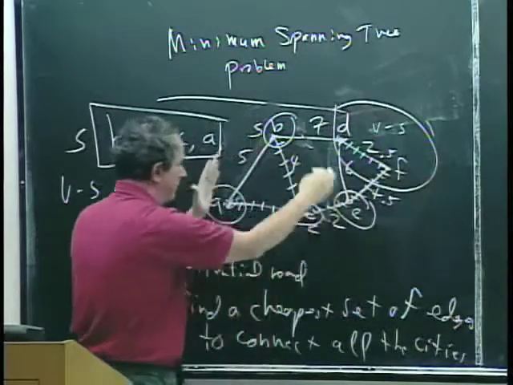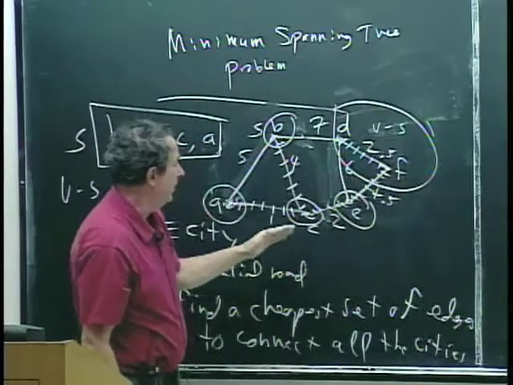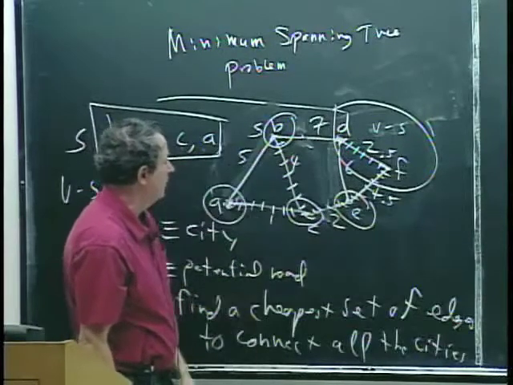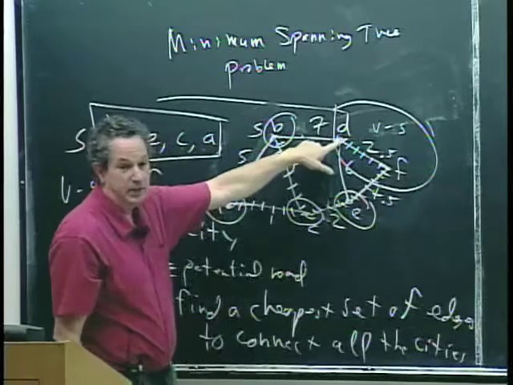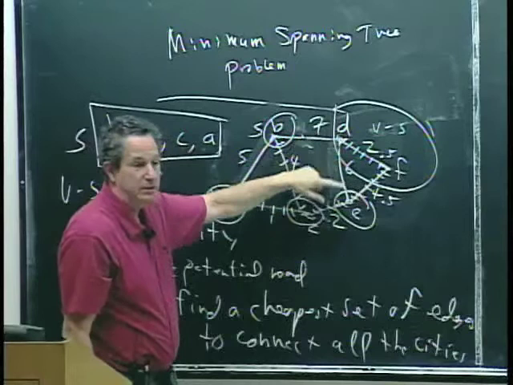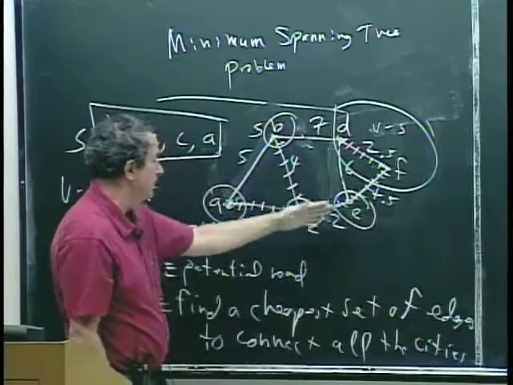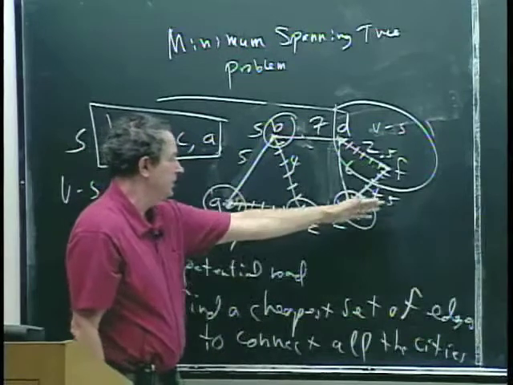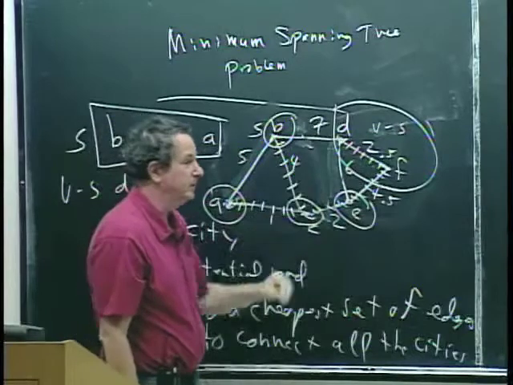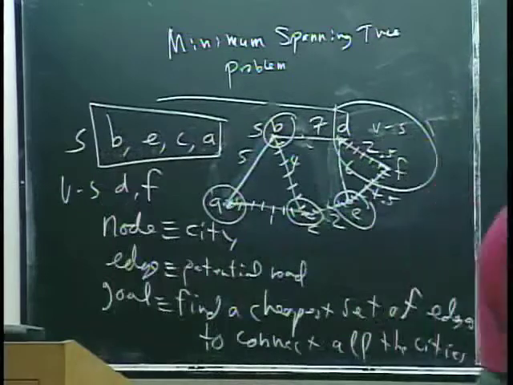So we have a partition into S and V minus S, and the edges that cross from this set to that set are the one that's weight 7, the one that's 6, and the one that's 4.5. The minimum weight edge that crosses between these two sets is weight 4.5, and that's the one in this minimum spanning tree. So we've proven this lemma by example.